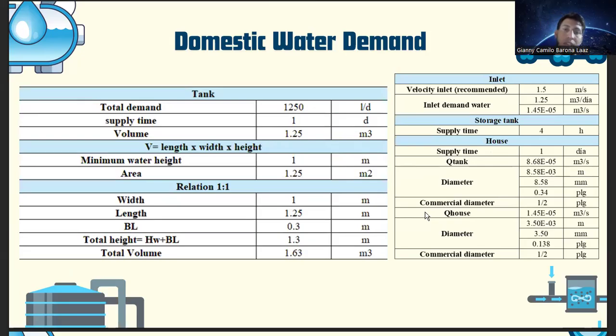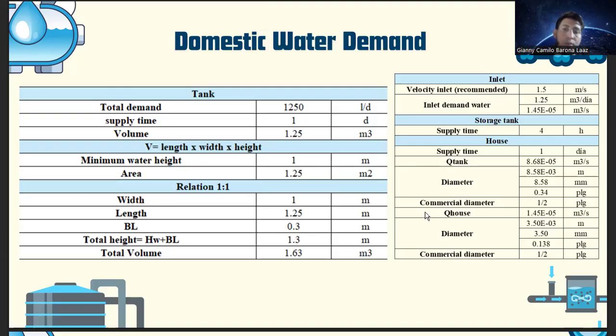In this case, we have a tank at the total demand. Before that, we got 2,250, and the split time was 1 day. In this case, we got volume 1.25, and we got a minimum water height. In this case, it was 1 meter.